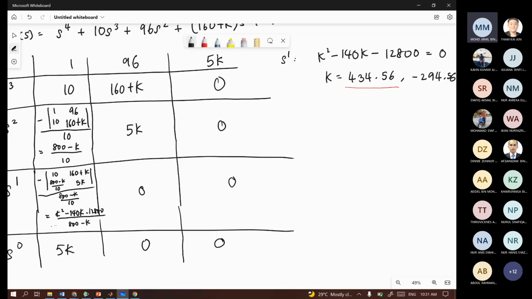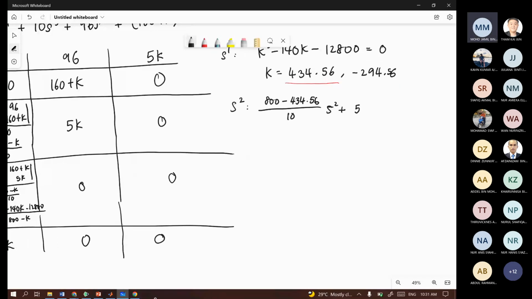Then use this on S squared. So substitute in here. You get 800 minus 434.56 over 10, S squared plus 5 times 434.56 equals 0.